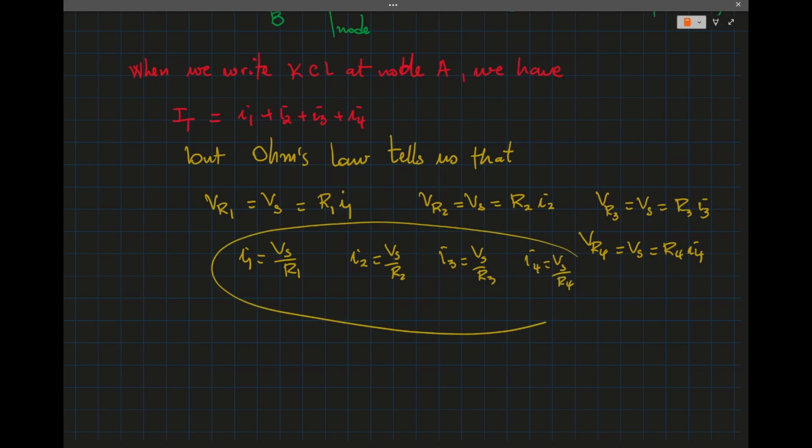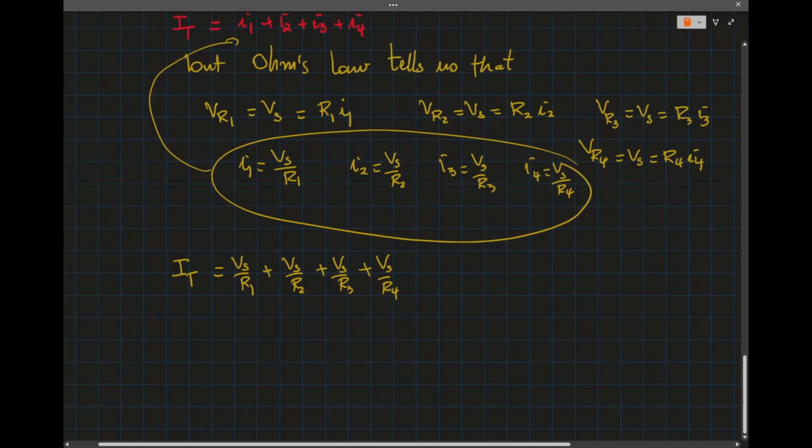So when I substitute that in there, the total current in terms of the voltage and the resistance is Vs over R1 plus Vs over R2 plus Vs over R3 plus Vs over R4.